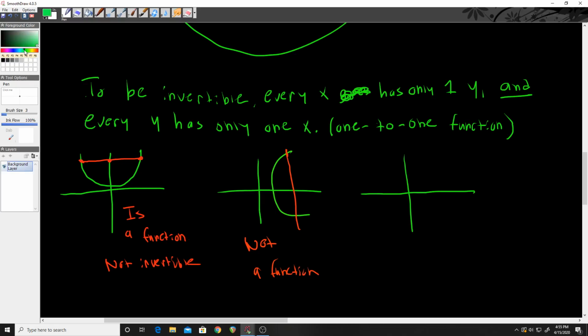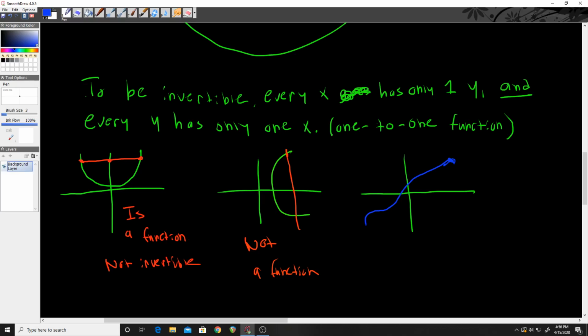So then finally, something that is invertible and is a function looks kind of like this. Well, we have to cut it off here. Yeah. Good. All right.